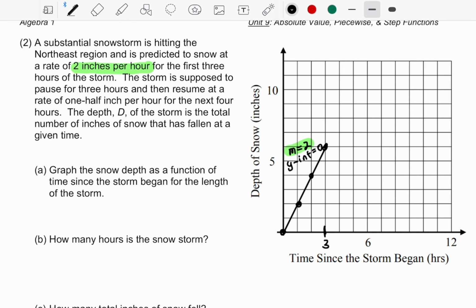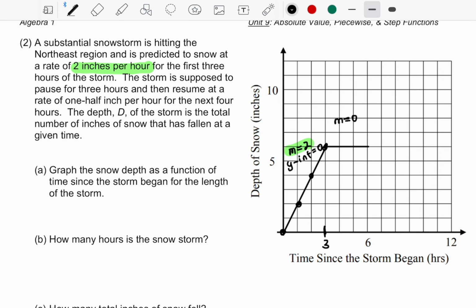The storm is supposed to pause for 3 hours. All right, so a little break in the storm. So until we get to 6, and just bring that down a smidge, that's a slope of 0.